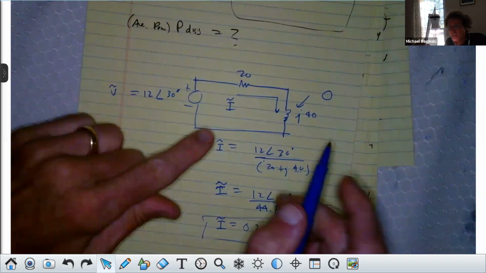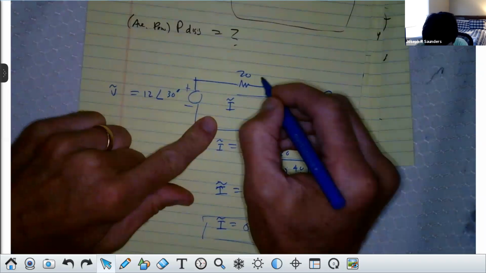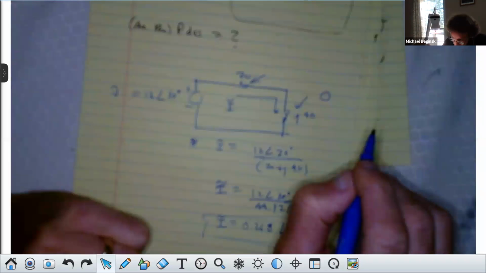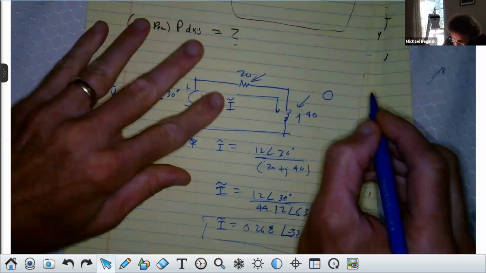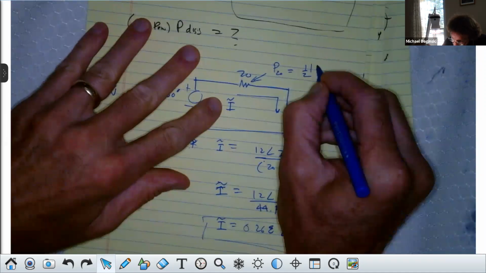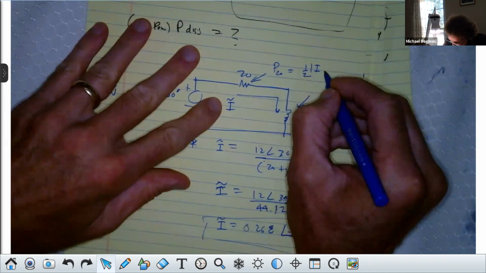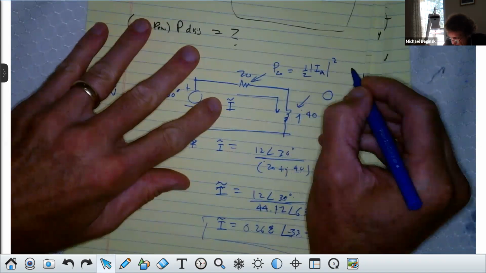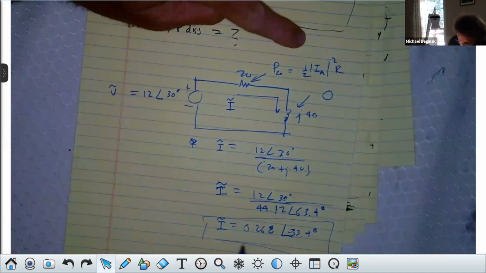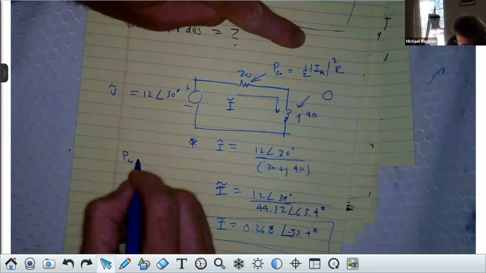That resistor, right? And the power dissipated is easiest to get by saying the power dissipated by that 20 ohm is simply 1/2 the magnitude, not with phase angle, just magnitude of the current squared times the resistance.